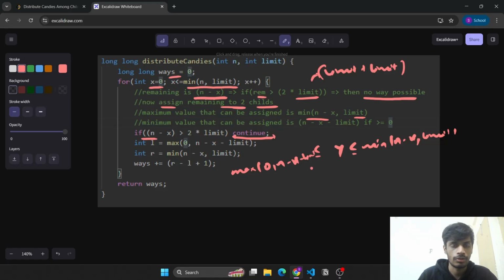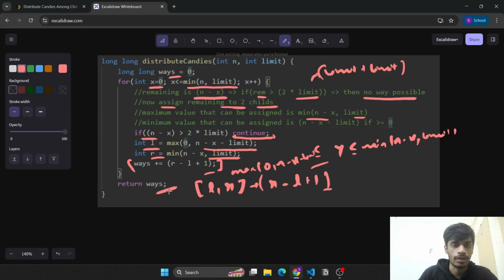Okay, so this is what we are finding out here. L is max of 0 comma n minus x minus limit, and R is minimum of n minus x comma limit, and the number of ways would be the number of values in the range L to R, which is R minus L plus 1, and hence finally return the ways.